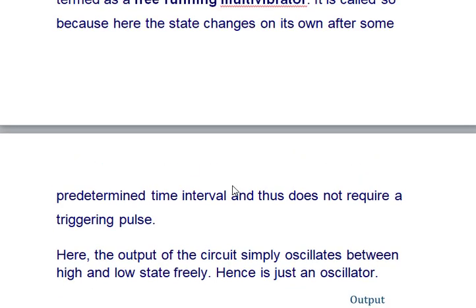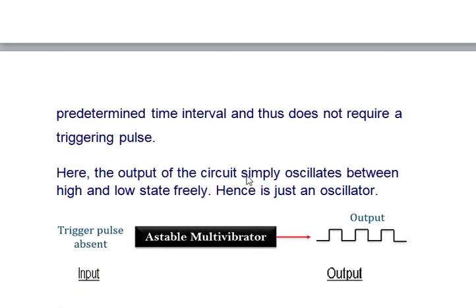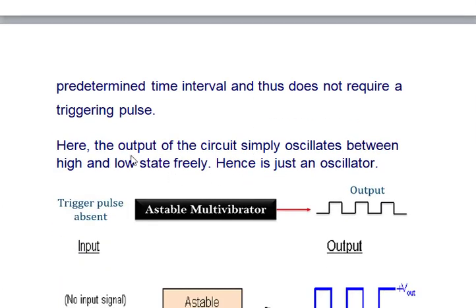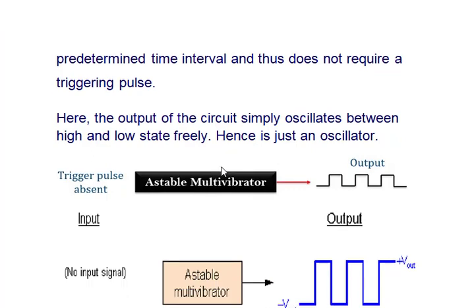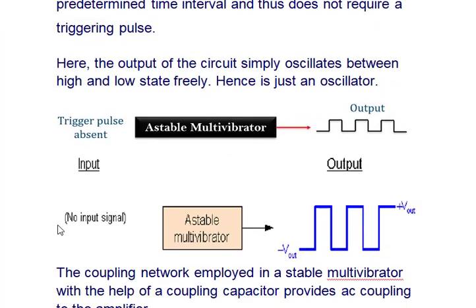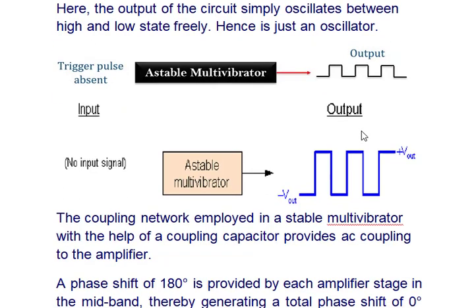It changes its state, on and off, on its own. The output of the circuit simply oscillates freely between high and low states, just like an oscillator. It doesn't need any external triggering voltage. It spontaneously produces a continuous square wave.